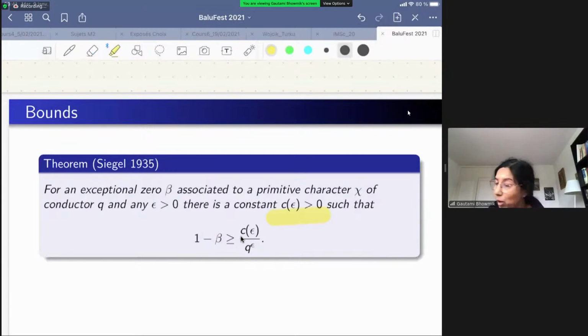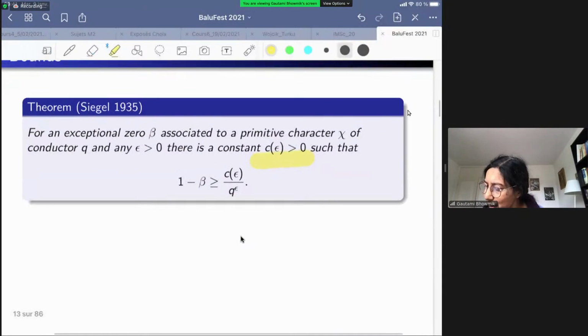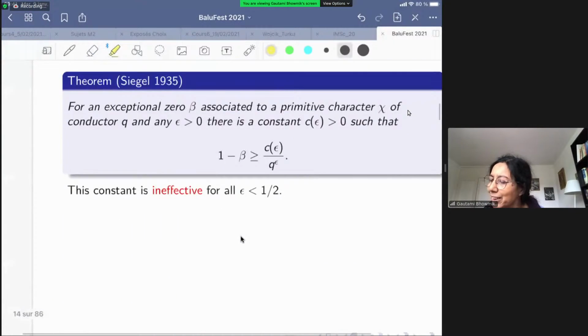Now, what's good about this result? Of course, it gives a bound. But what's not good about this result is that it is not effective. So this result is ineffective.